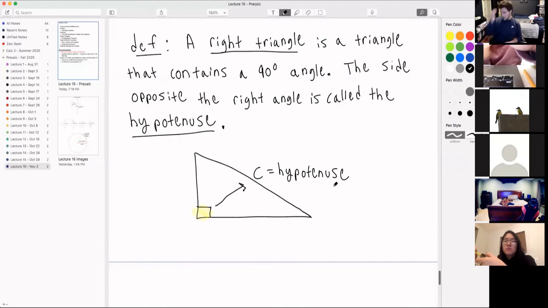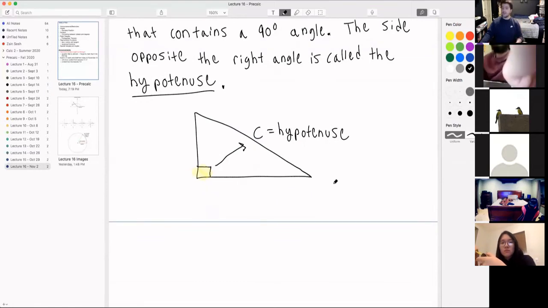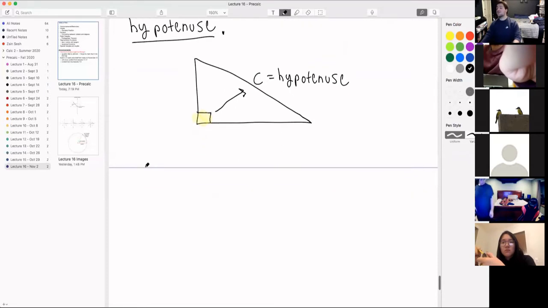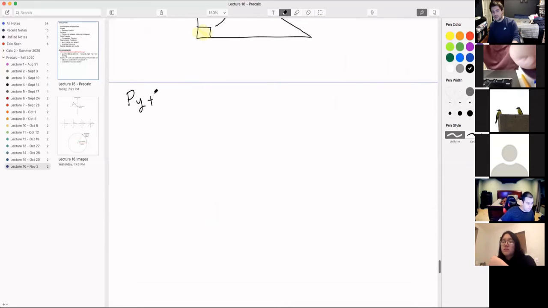With the right triangle comes a very important theorem, called the Pythagorean theorem. Very classic. There are so many proofs of this. It's one of the most proved theorems out there.